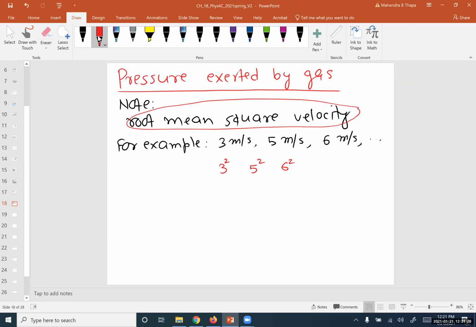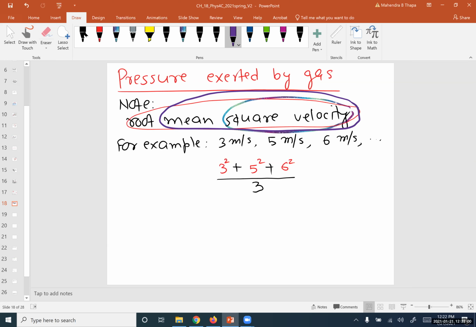Now it's a mean. How do you find the mean? You are finding the mean of the square velocity. So I'm going to add all these. So mean, we have just three numbers, 1, 2, 3, so I divide by 3. Okay, so now this gives the mean square velocity.